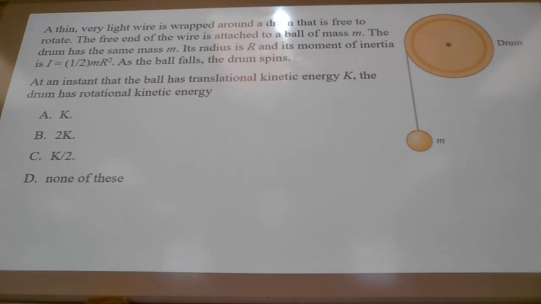What kind of energy, right? So what I'm trying to say is you have 1/2 I angular velocity squared.